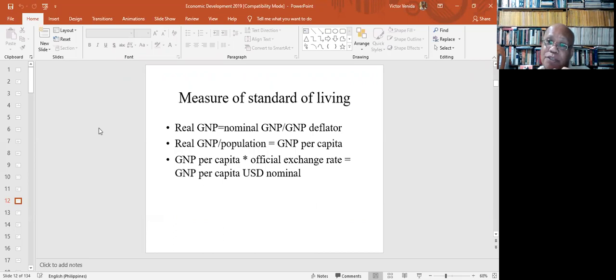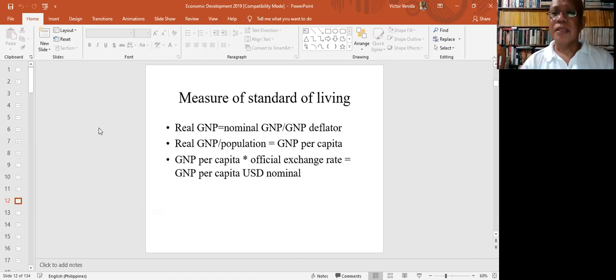There's the data for Australia in Australian dollars, in Canada in Canadian dollars. In order to make comparisons across countries, the GNP data in local currency unit, or LCU, of every country is converted to the US dollar.